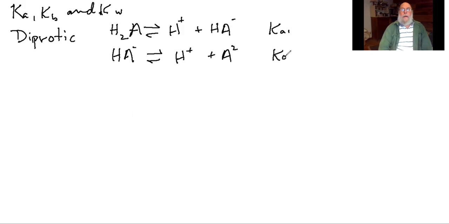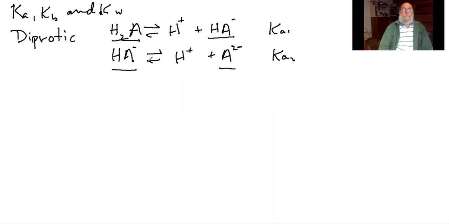That's Ka2. All right, so HA minus, whoops, that's 2 minus there. HA minus is the conjugate base of H2A, our diprotic acid, and A2 minus is the conjugate base of our intermediate form, HA minus.